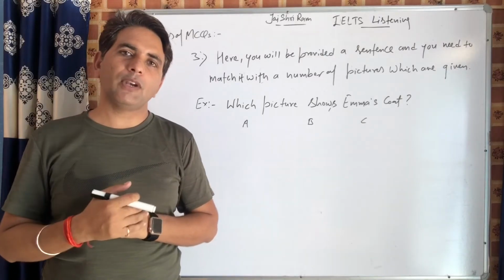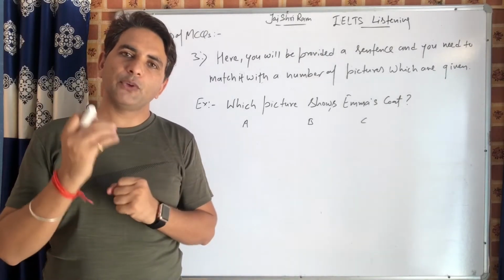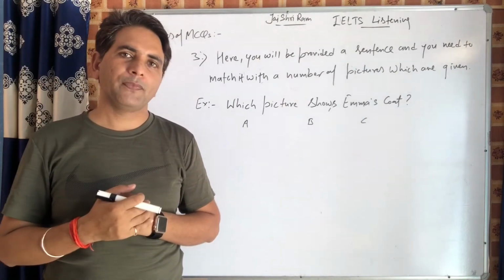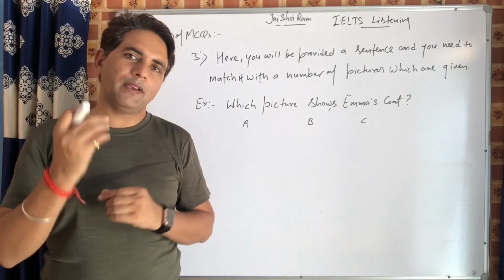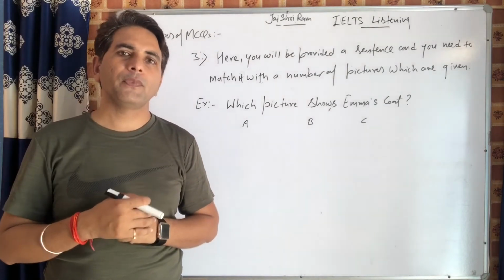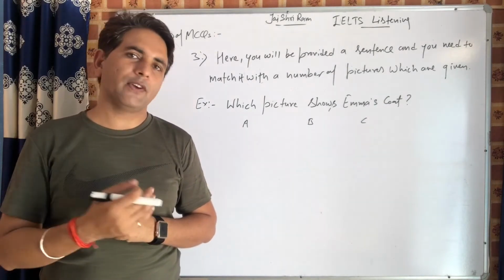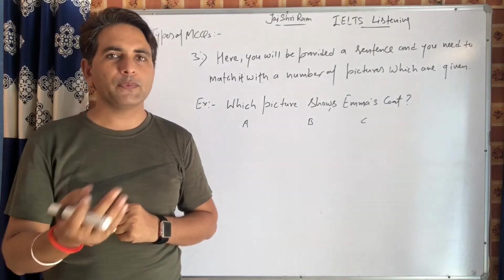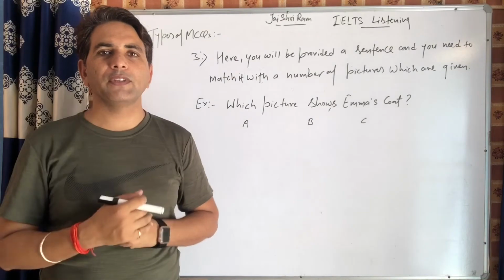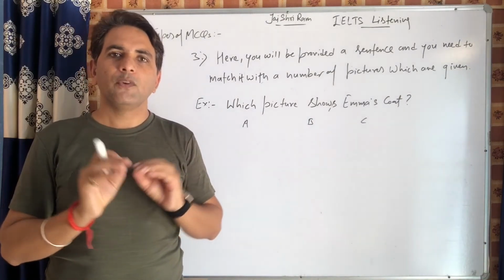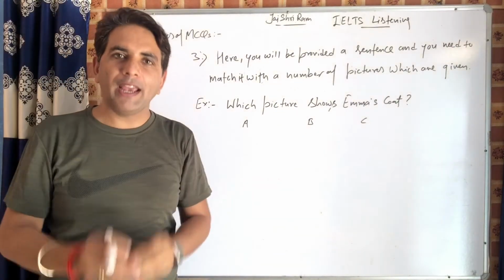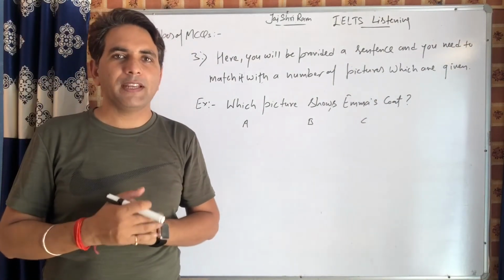And in the last, I would like to say that sometimes you need to pick more than one answer, and you may be asked to choose two options from five options, or sometimes you may be asked to pick four options from seven options. But for solving all kinds of MCQs, you need to have the same sort of tips and tricks.